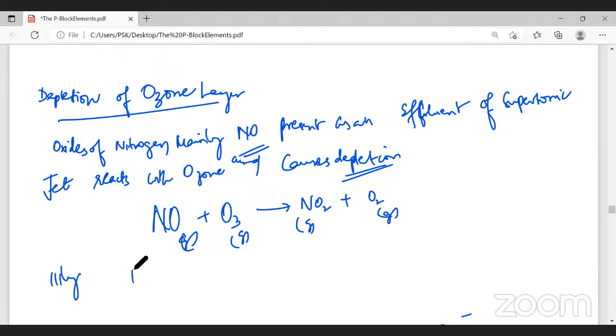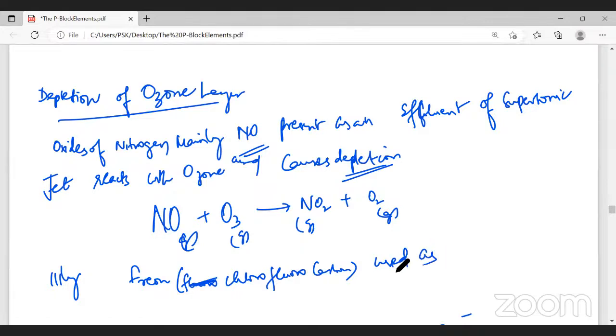Similarly, freons, chlorofluorocarbons, CFCs, used as a refrigerant, are also a reason for the depletion of ozone.